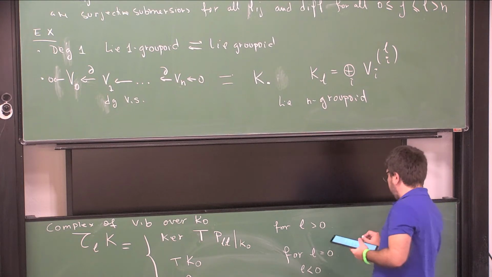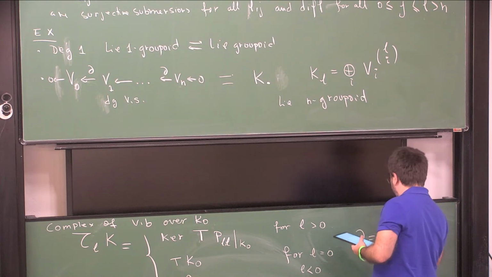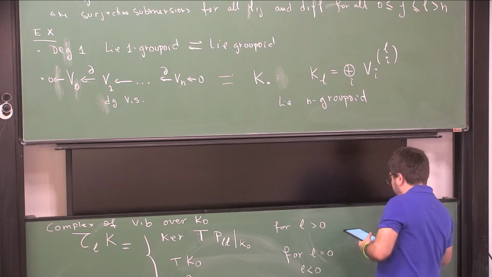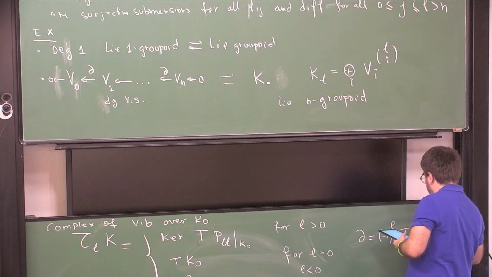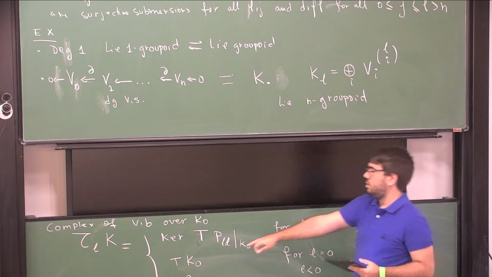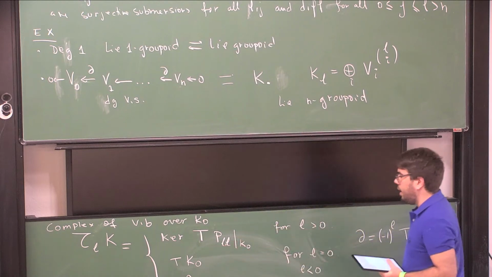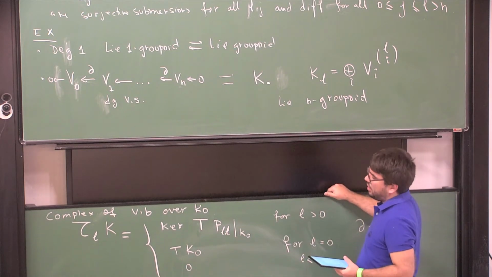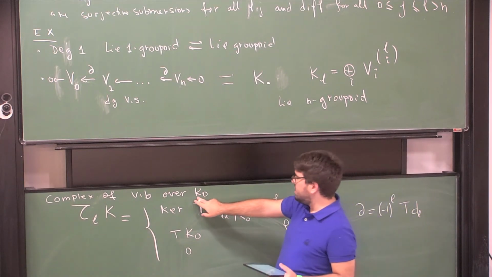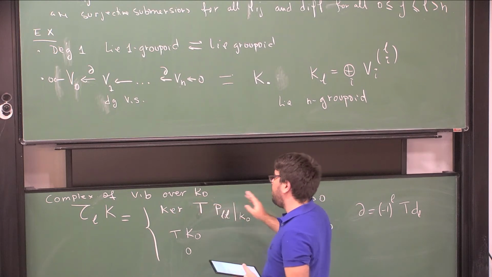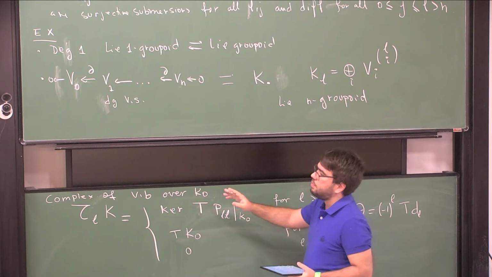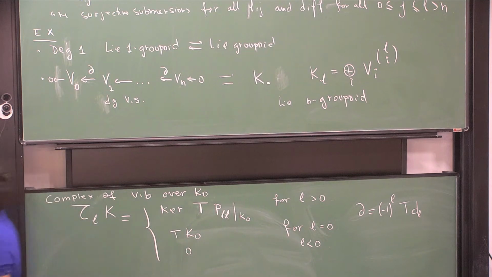And I need to give you the differential. The differential of this complex is just the last face map restricted to this kernel thing. And you see, this is K0. So K0, I can see it as a subspace of all the KL just by composing the first degeneracy map.